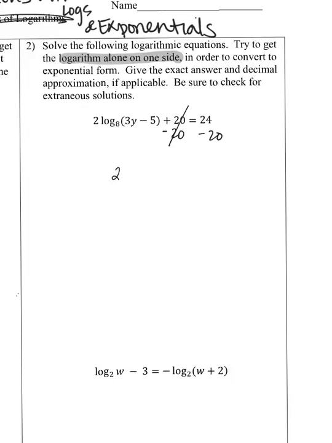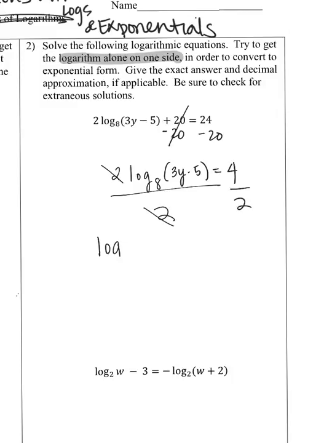So that cancels out, and then it's 2 times log base 8 of 3y minus 5 equals 4. So then we're going to have to divide by 2 on both sides. So we're left with log base 8 of 3y minus 5 equal to 2.